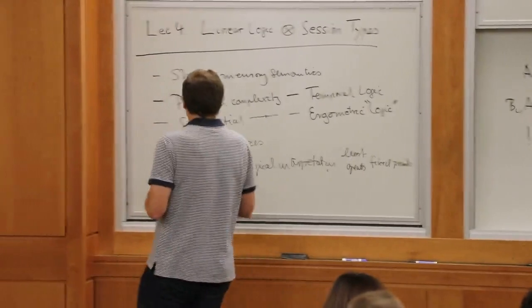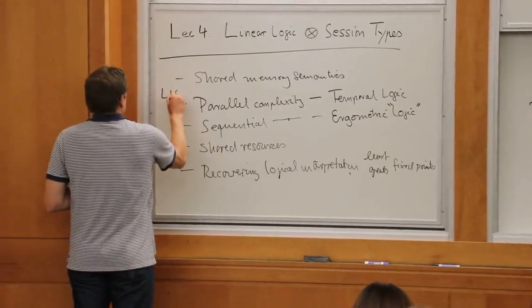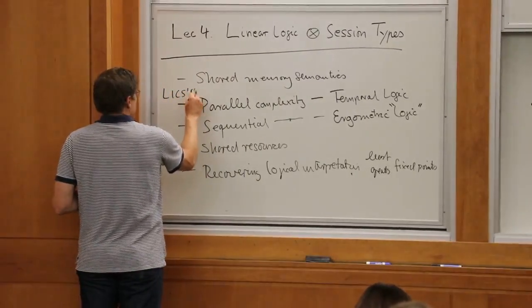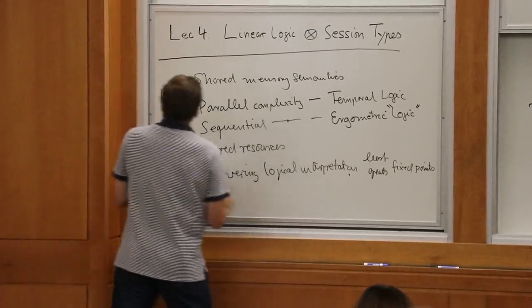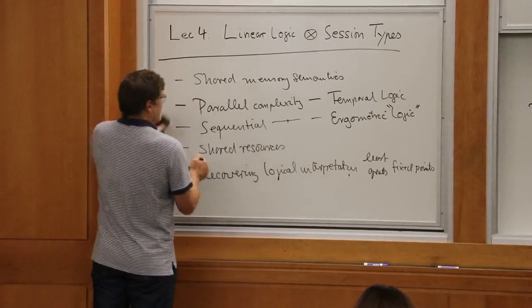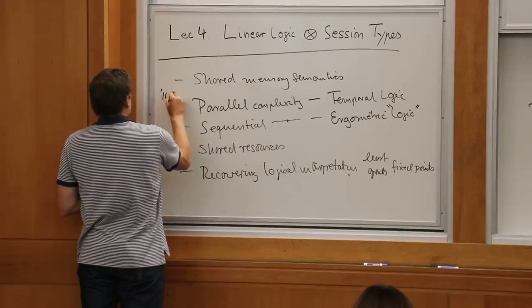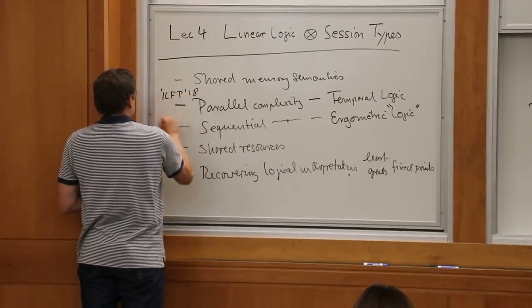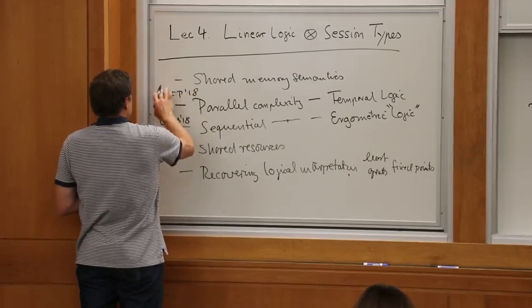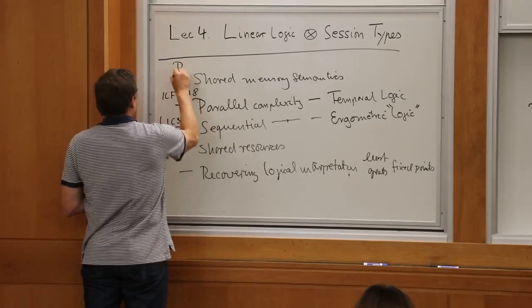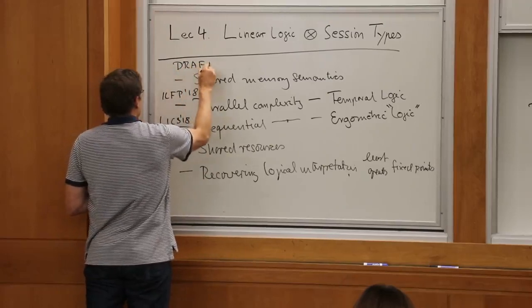Yeah, okay, so the parallel complexity was LIX 2018. The sequential, no wait, sorry, I always get these two mixed up. This was ICFP 18, and this was LIX 18. This was the shared memory semantics, as a draft, hasn't been published yet.